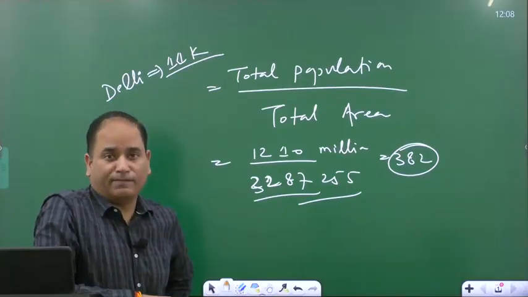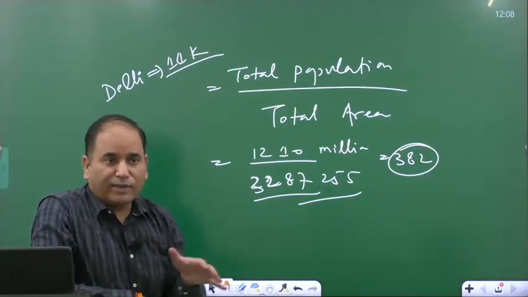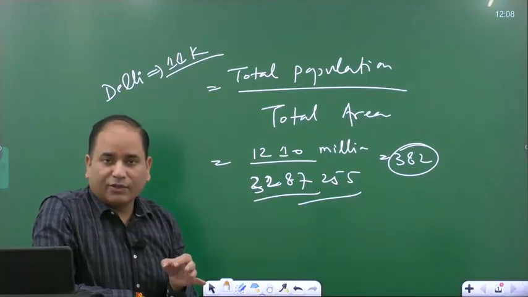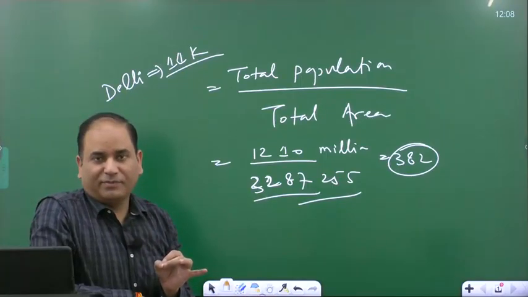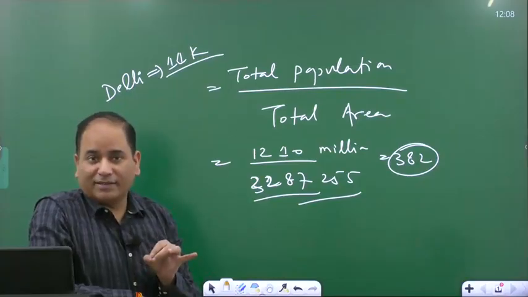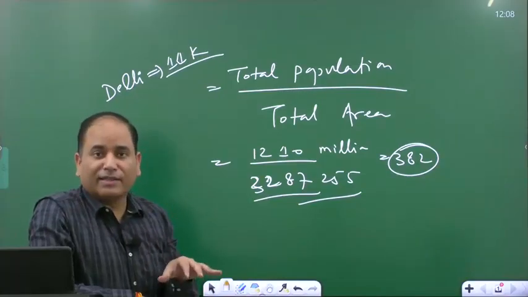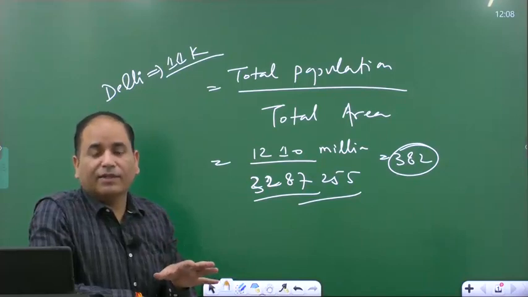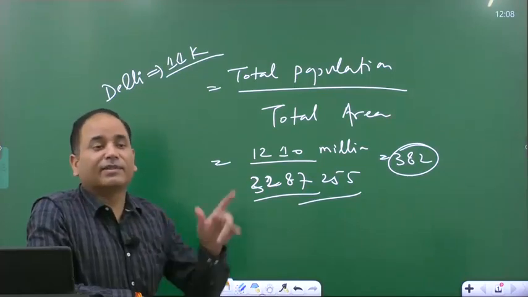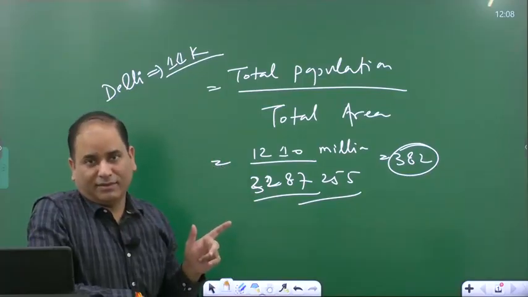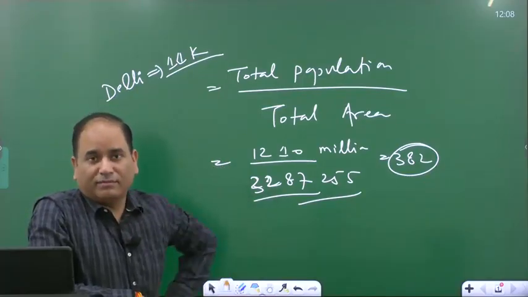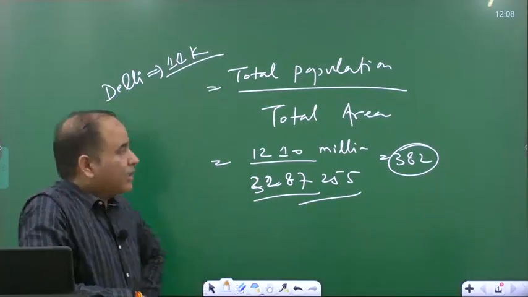So imagine, in a square kilometer area in Delhi, you will have around 11,000 people, which is expected to rise as per the next census, whenever it happens in 2022-23. We are expecting that this time this number has increased to almost 35,000. So more than tripled the population density.